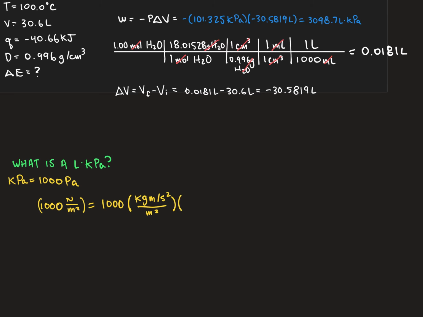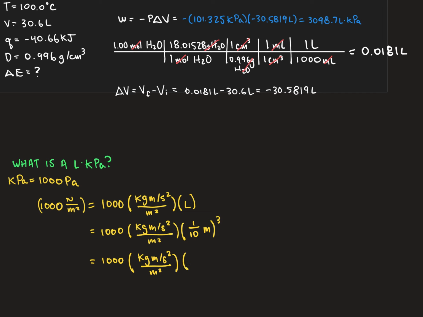A liter in SI units is really equivalent to a cubic decimeter, or 1/10 of a meter cubed. So my new expression now for a liter kilopascal comes out as 1,000 kilogram meter per second squared divided by meter squared times 1/10 of a meter quantity cubed. And you'll notice here, as I rearrange and organize my units there, the 1,000 and the 1/10 cubed cancel each other out.